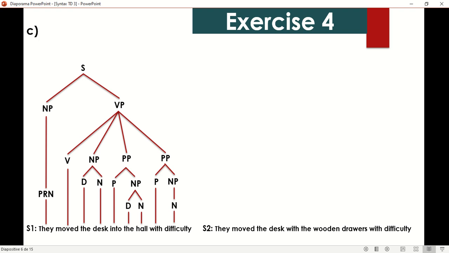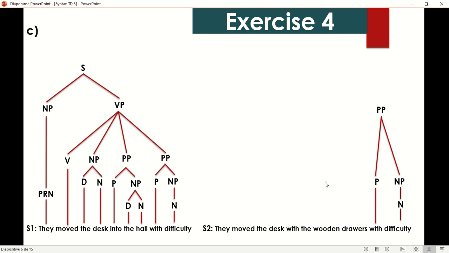Now let's see how this is different from the following. As usual, with difficulty, a noun amounting to a noun phrase. With a preposition, we have a prepositional phrase. Now, if you notice, we went a little bit up because I know that the desk with the wooden drawers noun phrase is long, so it's going to take a little bit of space up when I'm drawing.